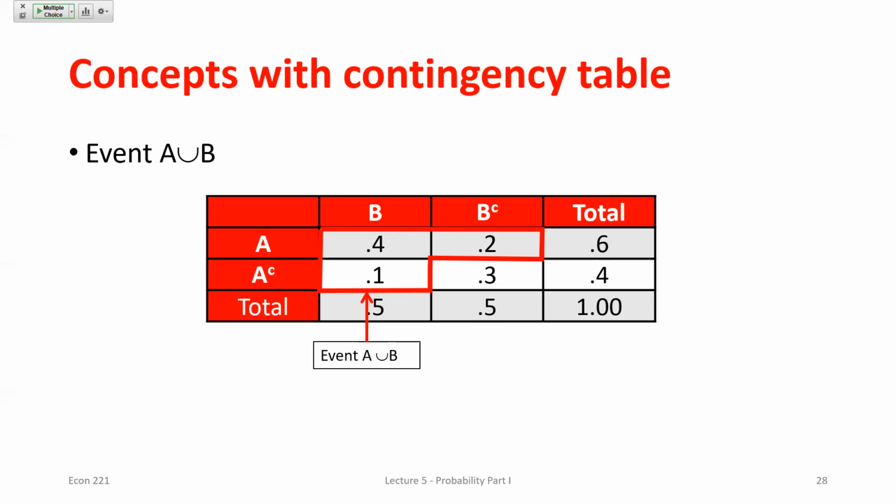We then got this crescent moon over here. These are all the outcomes that are in B, but notice they're not in circle A. This is everything that's in B and not in A. Well, not A is just A complement.